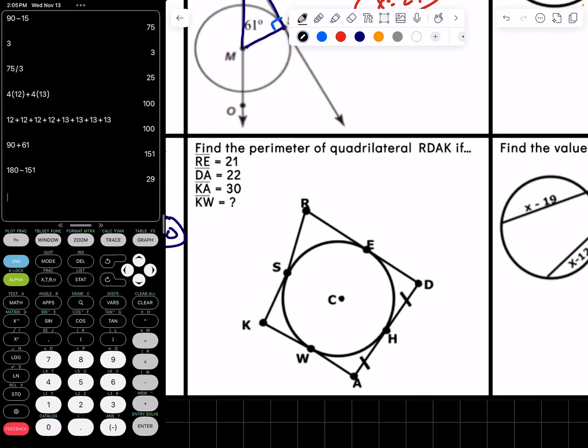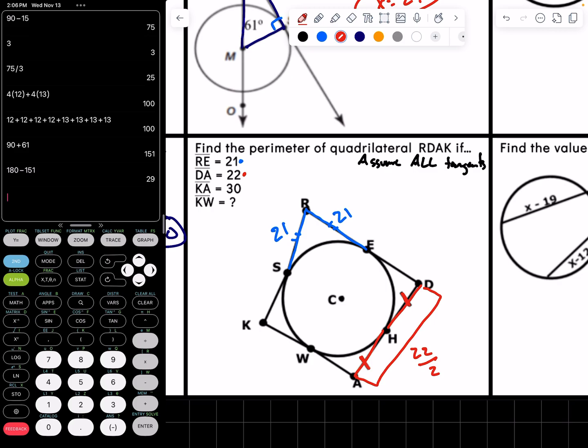Down here, we've got another one of these perimeter questions. I'm going to assume they're all tangents. I didn't include that before, but I'm going to assume that they're all tangents. So now let's use our little bits of information about tangent lines. If RE is 21, then I know RS also is 21 because they are tangent lines that meet outside the circle. DA equals 22, and these two tick marks tell me that it is separated into two congruent pieces.